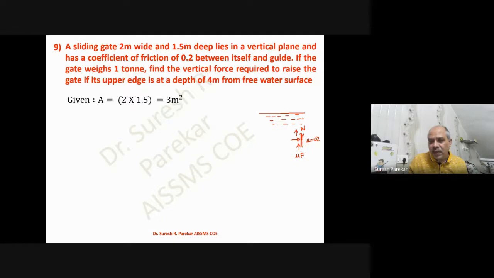Therefore, the total force required to lift this gate is W plus mu F. So we have F equal to rho g A h bar, 1000 into 9.81 into 4.75, because we have 4 meter to the top of this, and 0.75 will be the center of this.